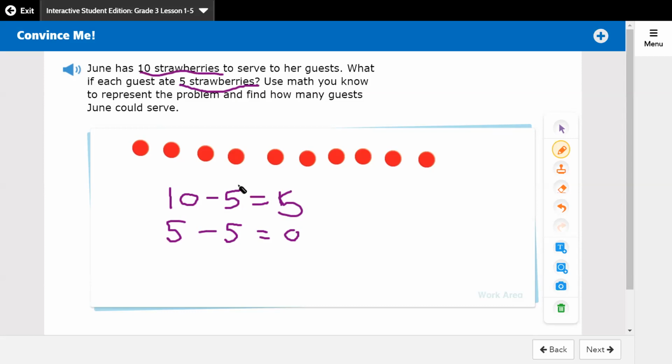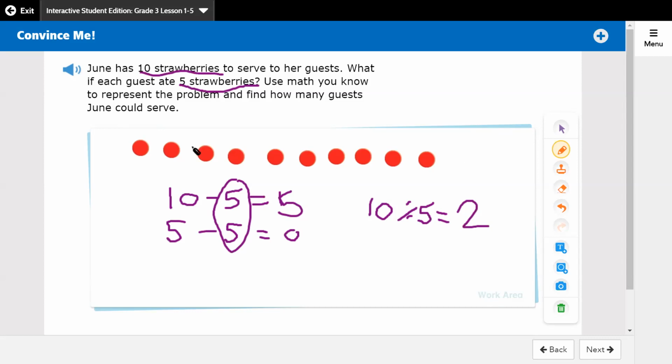That means that we know, because of these 2 5s here, that 10 put into groups of 5 is only 2 groups.